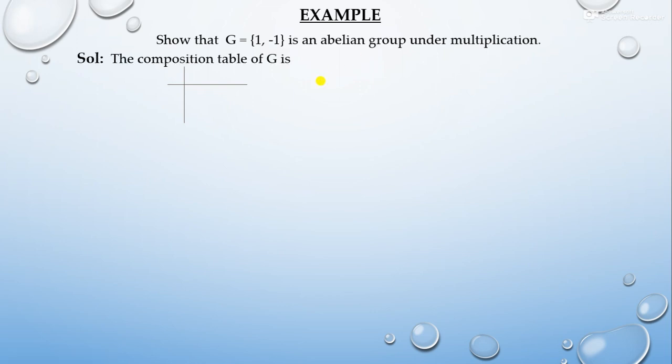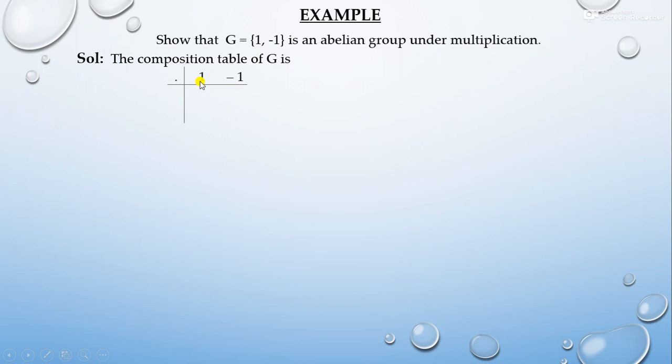First we make a composition table, because here we have a finite number of elements. See how to compose our table, with respect to multiplication. Our elements are 1 and -1, so we write them in a column and in a row.